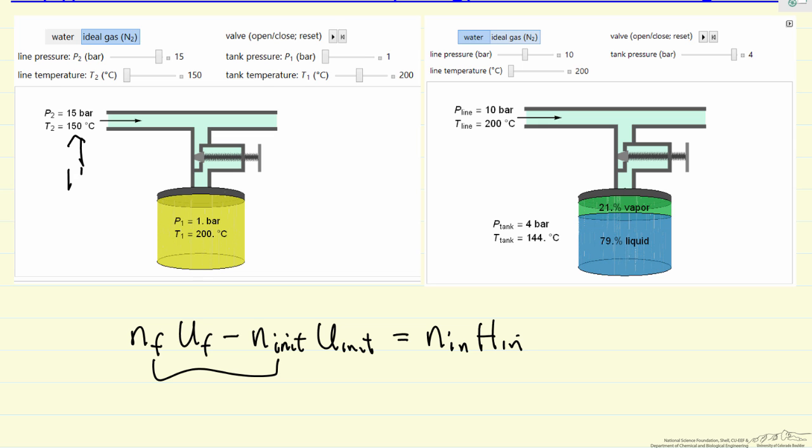So the enthalpy in is here, and then the internal energy initial here, and then the internal energy final here. This is the energy balance that the simulation solves.